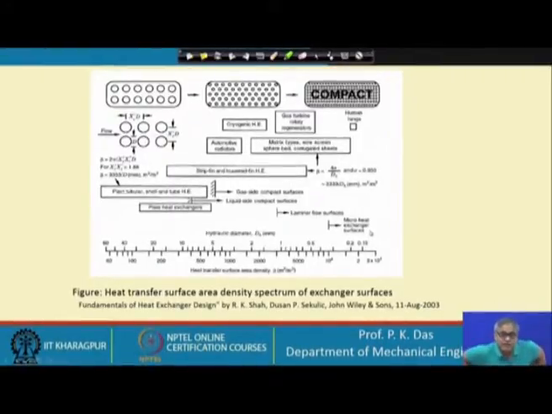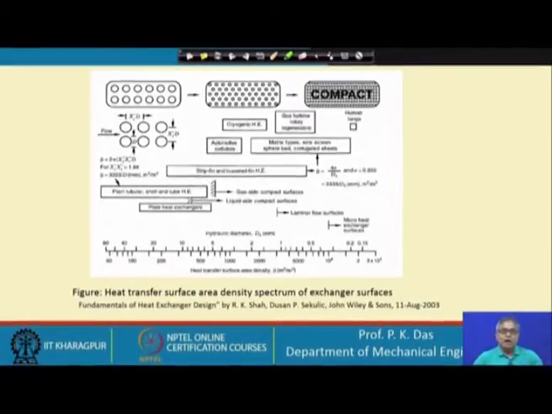And with this micro heat exchanger surface, we can make micro heat exchangers and micro scale heat sinks for the electronic industry. Even in a large heat exchanger, though the total volume is very large, we can use this micro scale surface, which will increase the compactness of the heat exchanger.